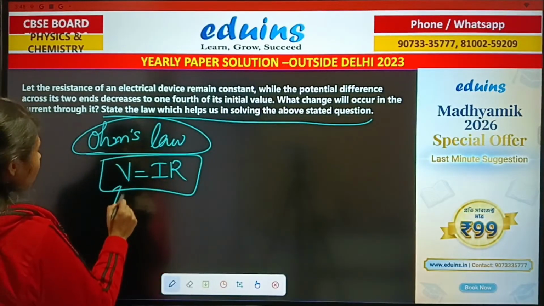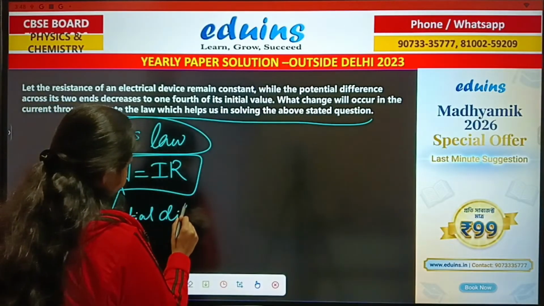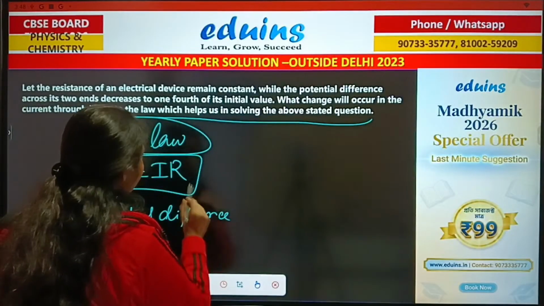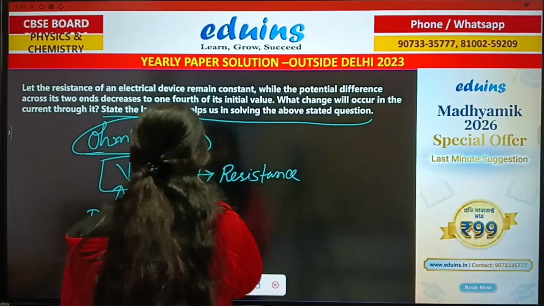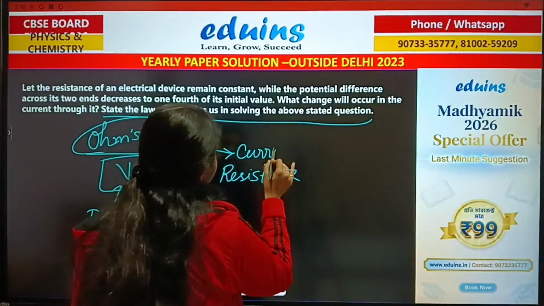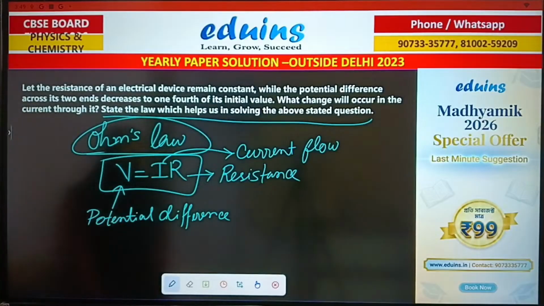Here V is the potential difference, R is the resistance and I is the current flow. The current flow and the potential difference are in simple proportion. So V is equal to IR, and R is the constant.